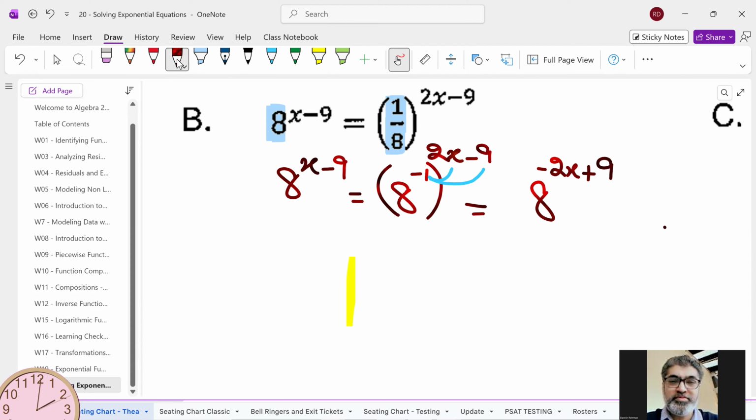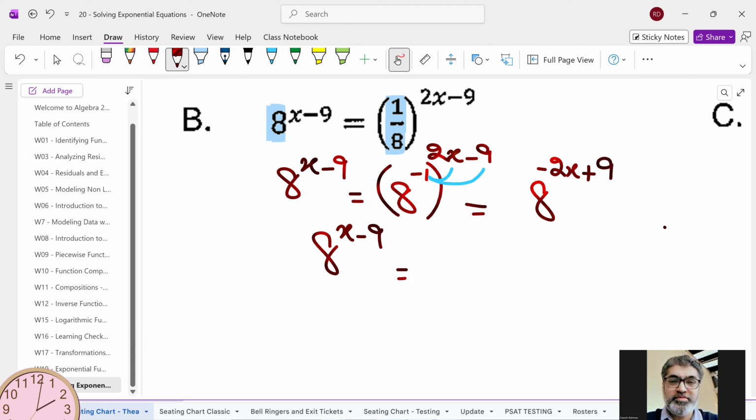Why? Because this is the negative 1 times negative 9, negative, negative is positive, right? And then 2x was positive, so positive 2x times negative 1 gave me a negative 2x. So that gives us the expression now in this way over here. 8 to the x minus 9.